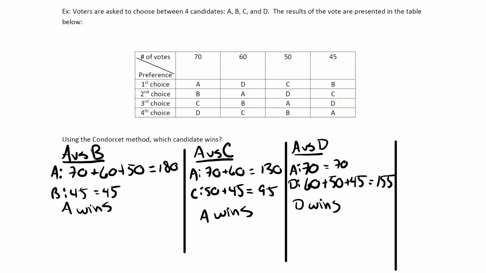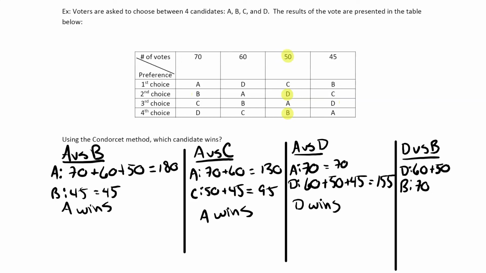So now what happens if I go through and do D versus B? So on the first ballots, I see that D is ranked last and B is ranked second, so those 70 votes are going to go to B. On the next ballot, D is ranked first and B is ranked third, so those 60 votes are going to go to D. In the third column, D is above B with 50 votes.